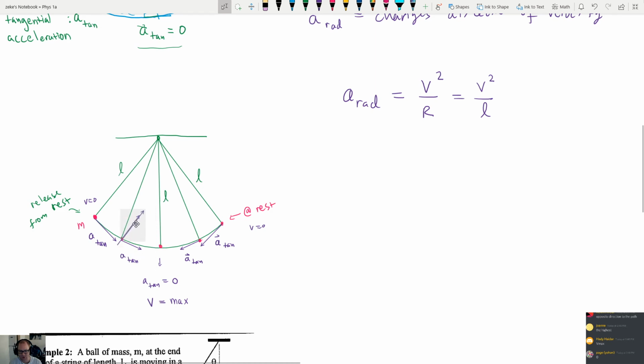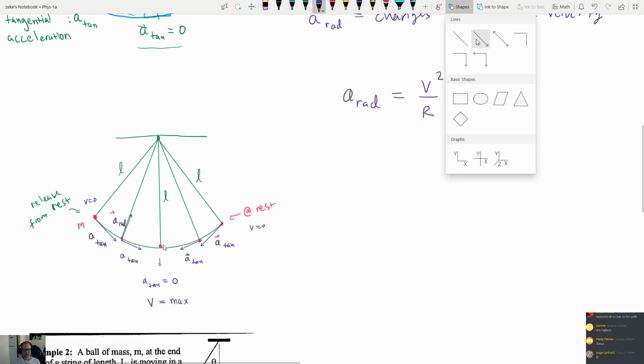Okay, when it gets to this point right here, its radial acceleration vector is going to point basically directly along the radius or the chord. So that's the direction of the radial acceleration at that point. We'll make it kind of short like this. So here's the radial acceleration here. And then when it gets down to the bottom, it's also going to have a radial acceleration vector there.